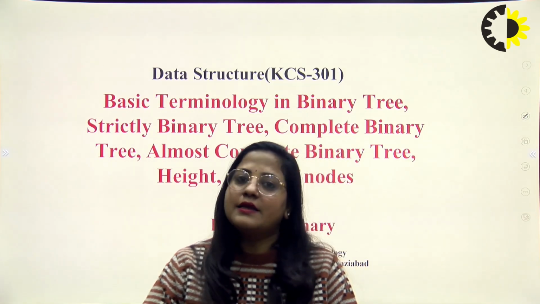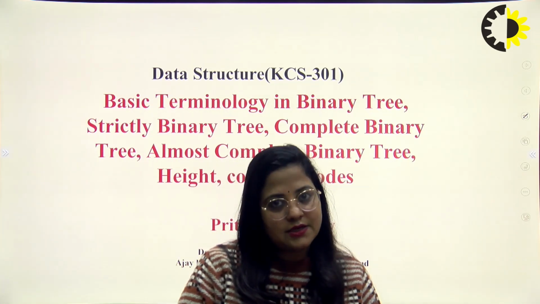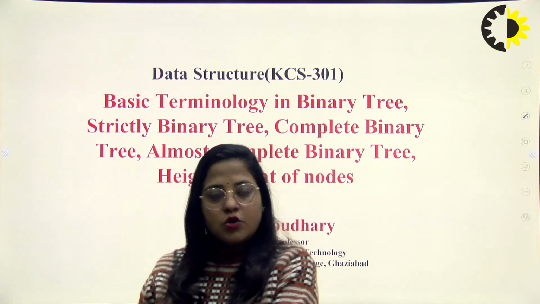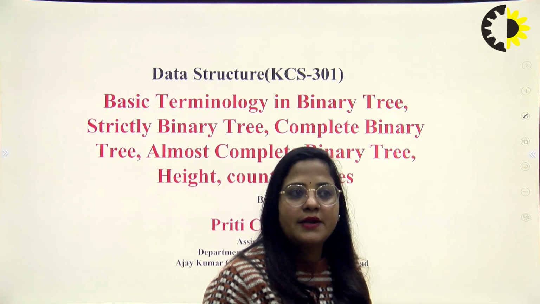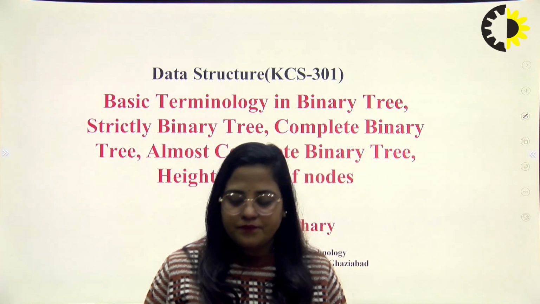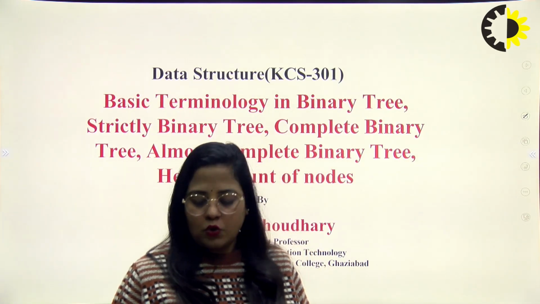These are used as linear data structures, and data is stored in a sequence. But now we come to the non-linear data structure, where data is stored in a random way. Tree and graph are both non-linear data structures.